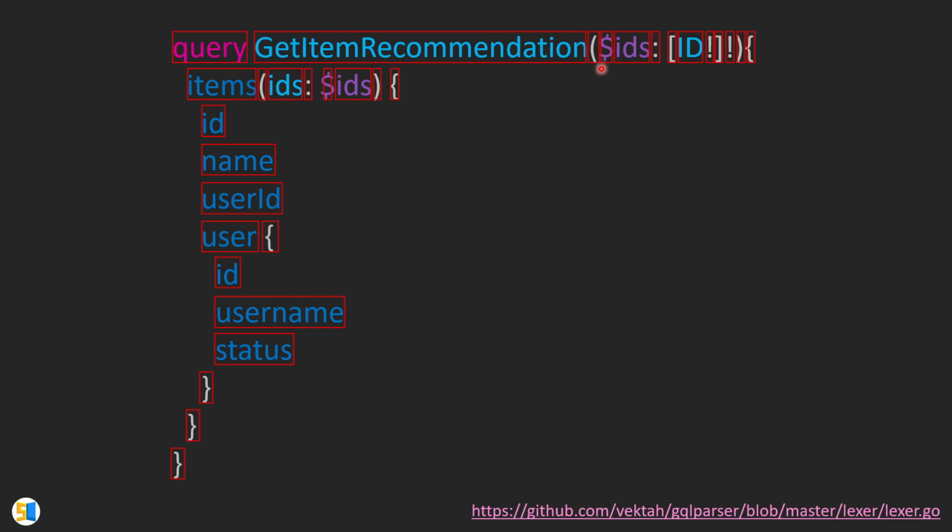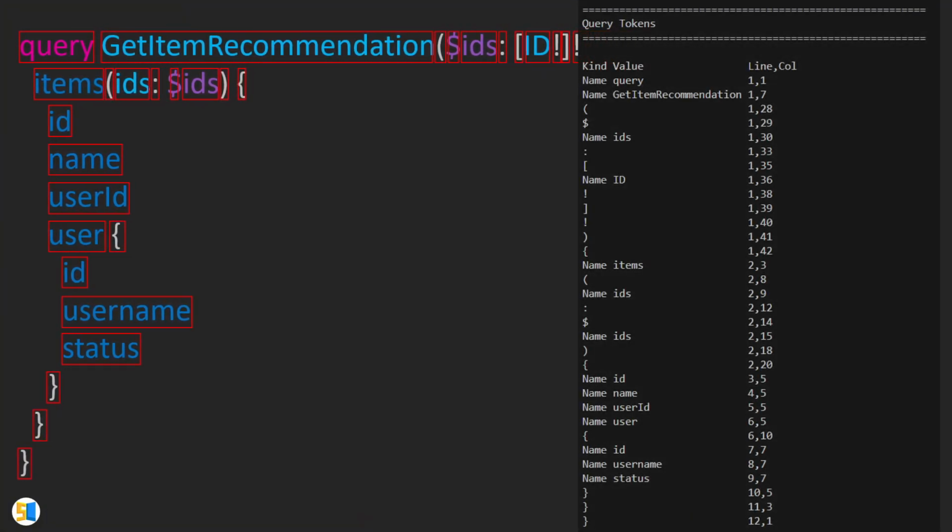After we tokenize this query, we will get something like this. In the right picture, I print the kind of the token, the value, and the position. In this case, I only print the line and the column.